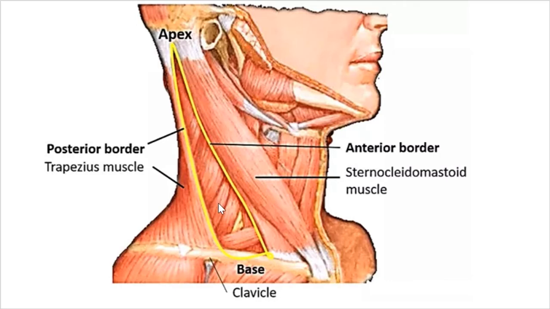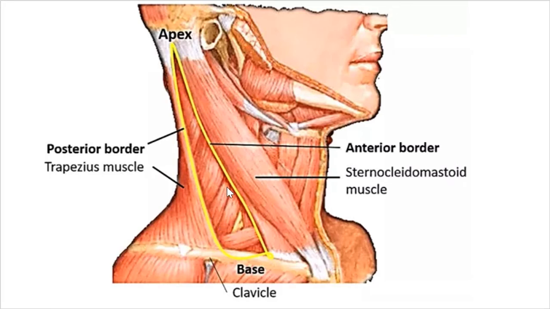Then we have scalenus posterior, scalenus medius, and scalenus anterior muscle. We will look into the details of these muscles, especially the scalene muscles, so you will have a better understanding of what is actually happening deeper with these structures.